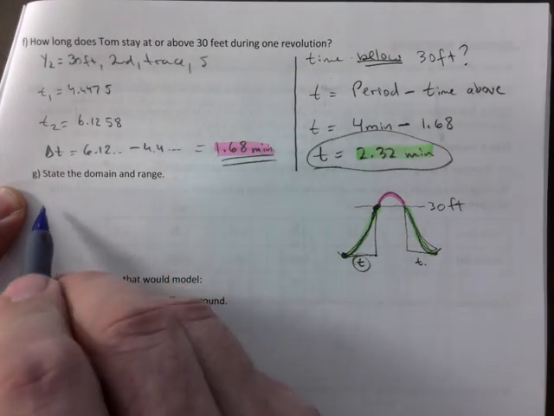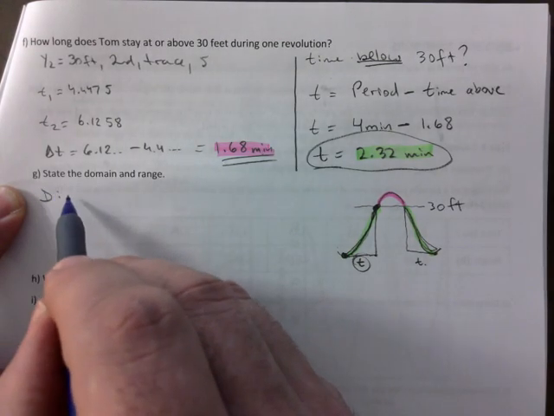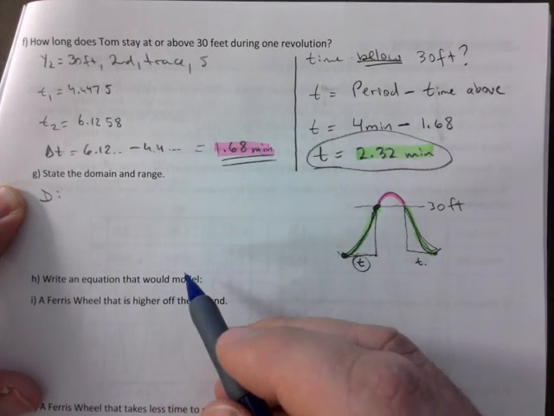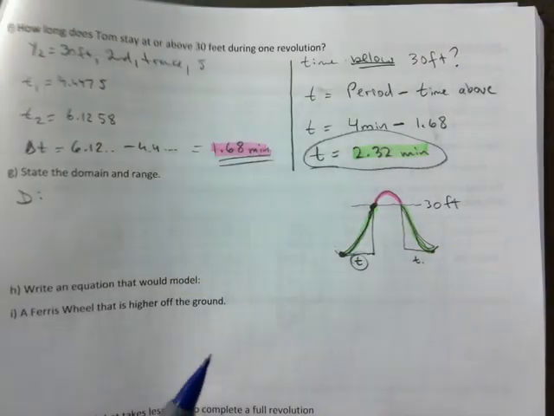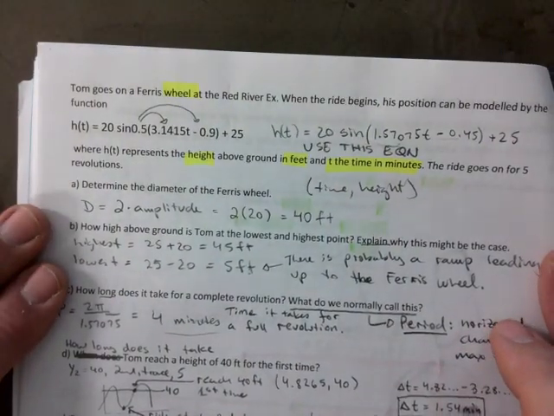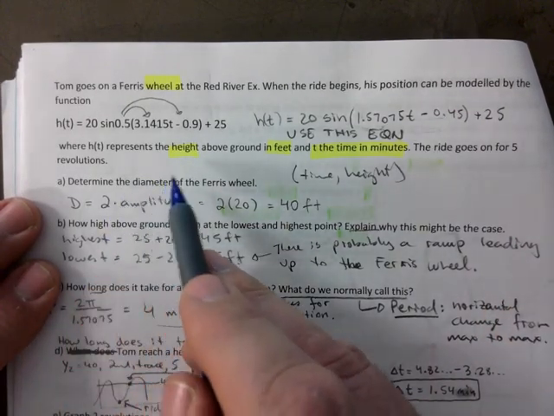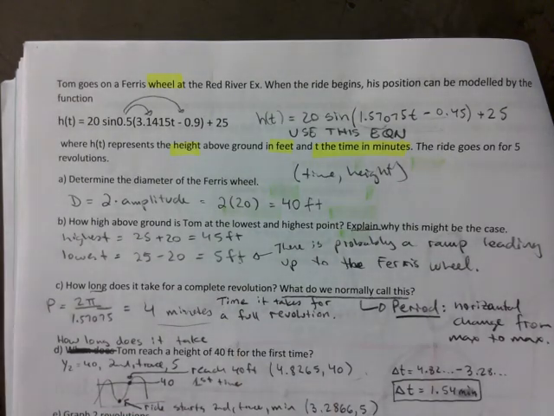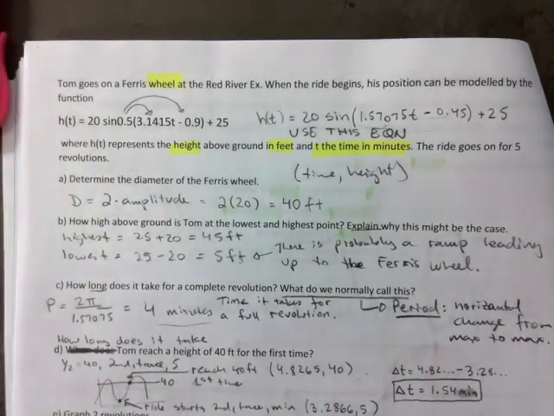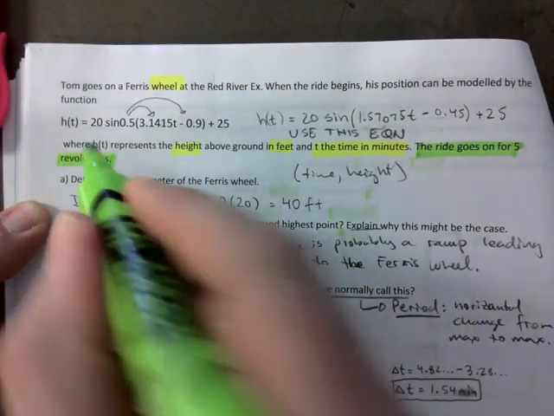What's the domain and range? What is the domain and range? Read carefully. Let's go back. Always go back and see, is there any indication that this thing ends? And it does say right here, I'm going to go green, okay? The ride goes on for 5 revolutions, right?